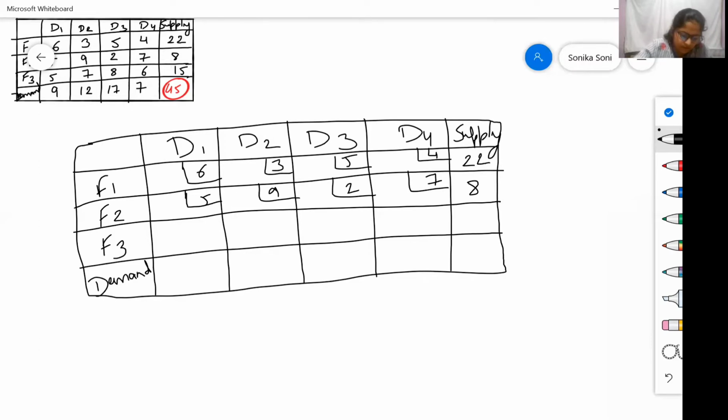Now F3 D1 as 5 and 7 for F3 D2, 8 for F3 D3, and 6 for F3 D4. And we have supply as 15 here, and here demand as 9, 12, 17, and 7.